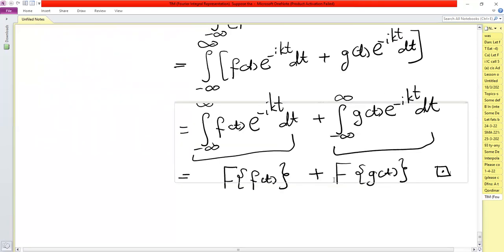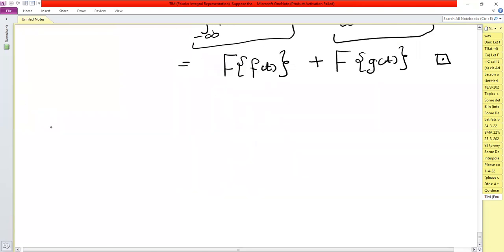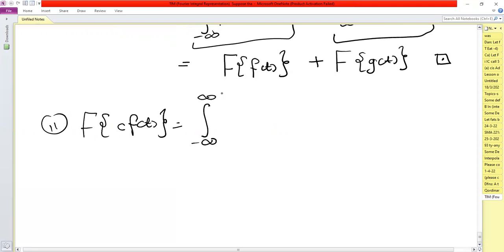Second part. So we want to find the Fourier transform of c times f of t. This will be simply the integral from negative infinity to positive infinity of c f of t times e raised to the power negative i k t dt. This is by definition.